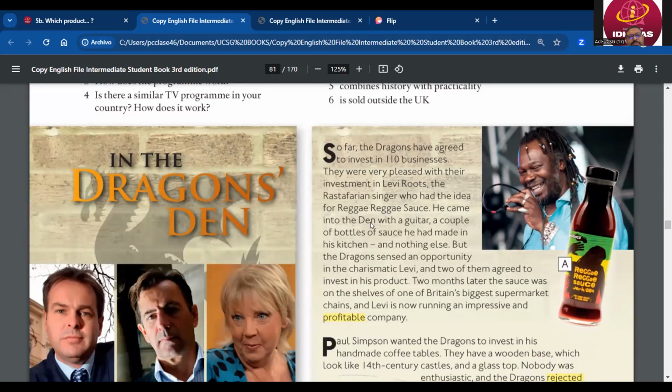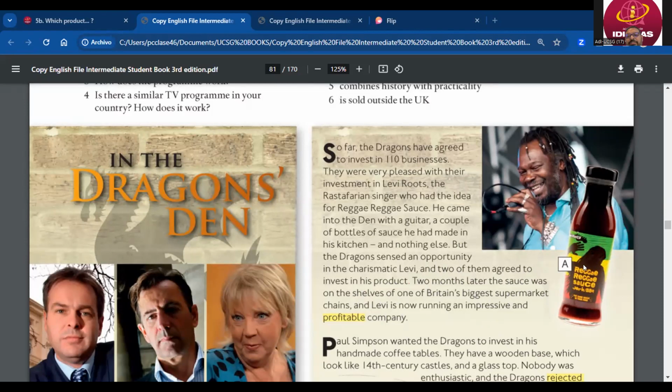He came into the den with a guitar, a couple of bottles of sauce he had made in his kitchen, and nothing else. But the dragons sensed an opportunity in the charismatic Levi, and 2 of them agreed to invest in his product. 2 months later, the sauce was on the shelves of one of Britain's biggest supermarket chains, and Levi is now running an impressive and profitable company.